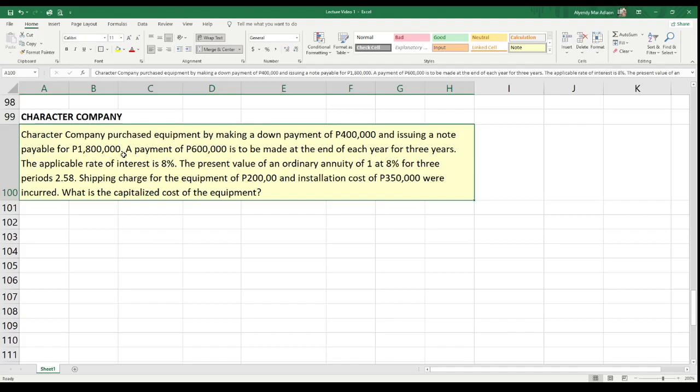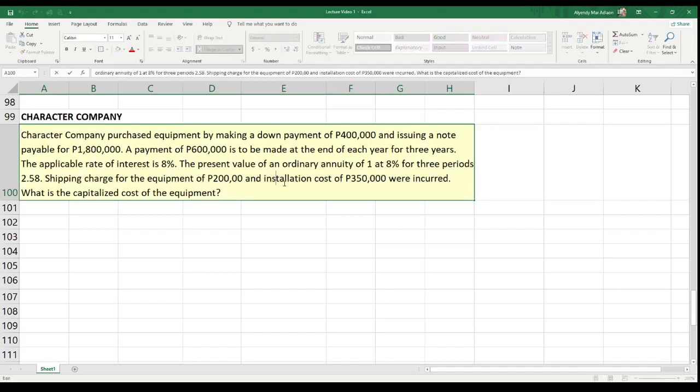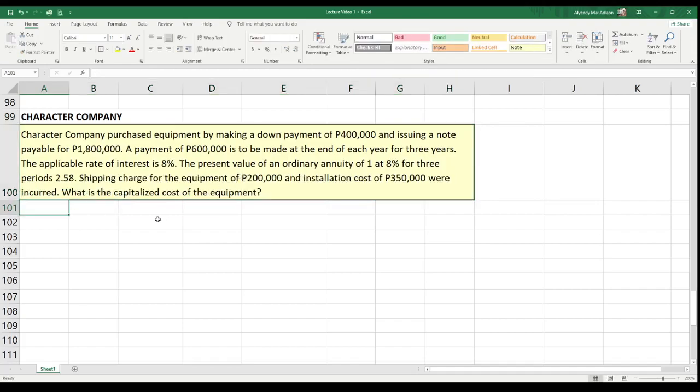A payment of 600,000 is to be made at the end of each year for 3 years. The applicable rate of interest is 8%. The present value of an ordinary annuity of 1 at 8% for 3 periods is 2.58. Shipping charge for the equipment of 200,000 and installation costs of 350,000 were incurred. Now, what is the capitalized cost of the machine?